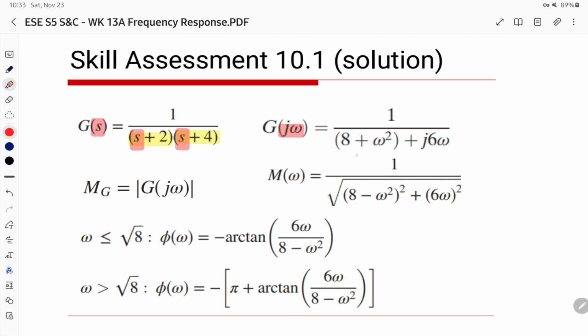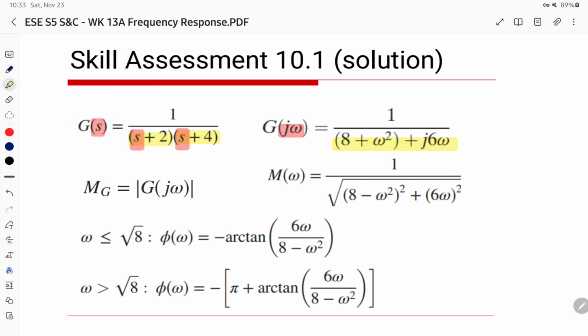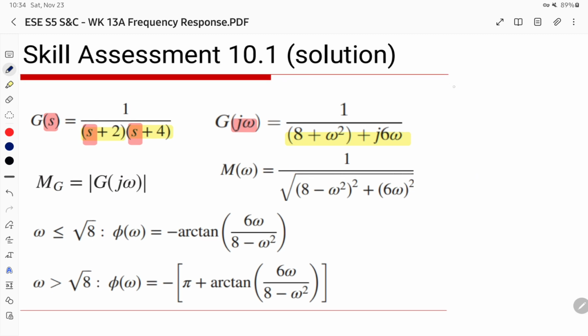So you will end up with G of j omega being this. I'll show the steps. So I'm going to write on the side right here, 1 over (j omega plus 2) times (j omega plus 4).